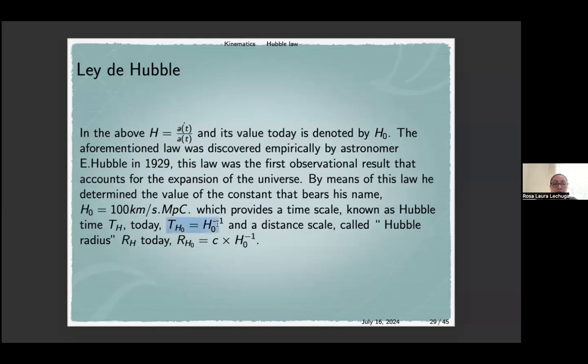And for the time, we have only the inverse of this H. If we choose c equal to 1, the Hubble time and the radius are equal, but with the proper dimension. So this is one quantity that could help us study the expansion, and in many equations in cosmology this factor appears.